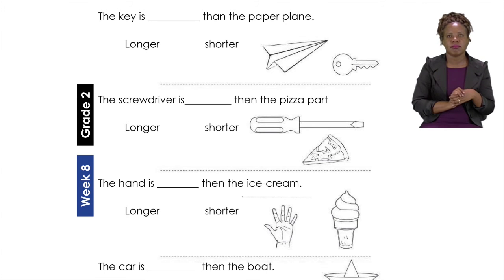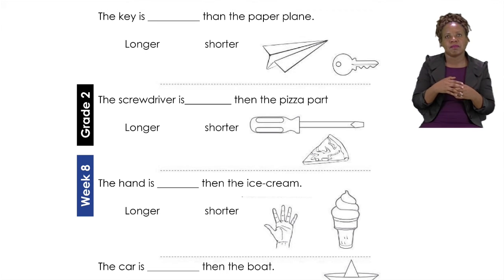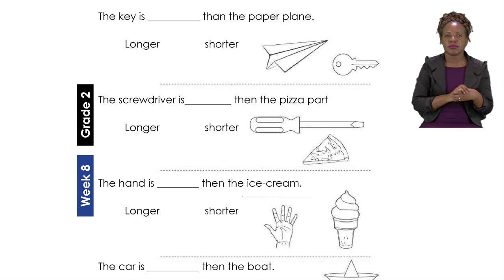The next one says, let's read it together. The screwdriver is dash, then the pizza part. The screwdriver is dash, then the pizza part. Now let's take a look at the pictures.